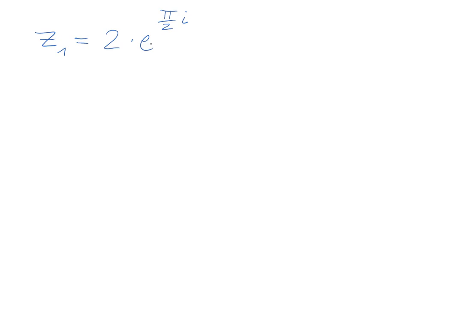So A equals r times cosine of phi. That means in this case r is 2 and cosine of pi half, and cosine of pi half is 0.